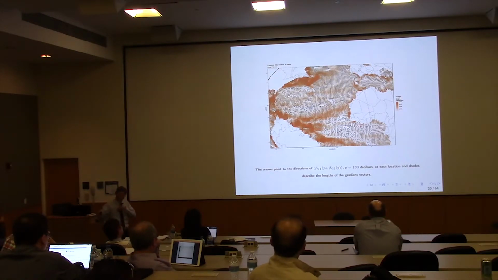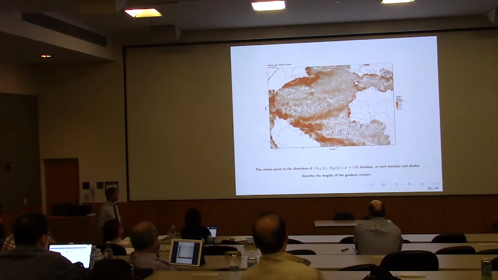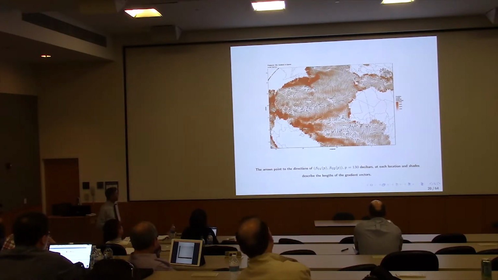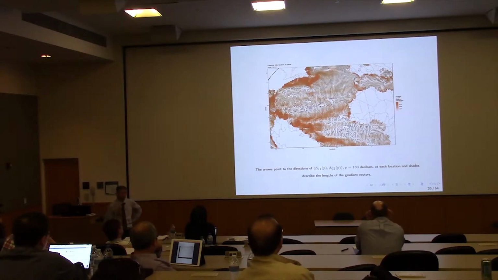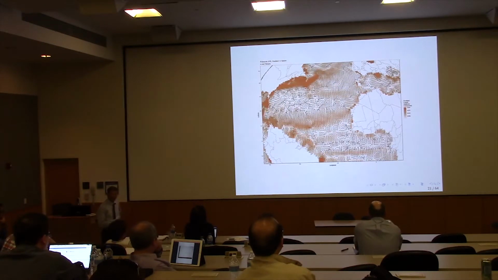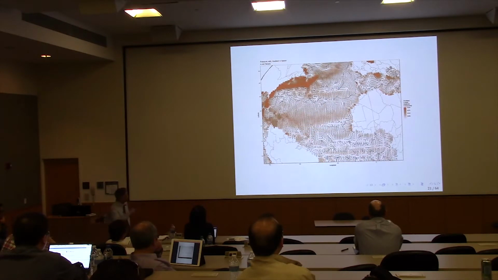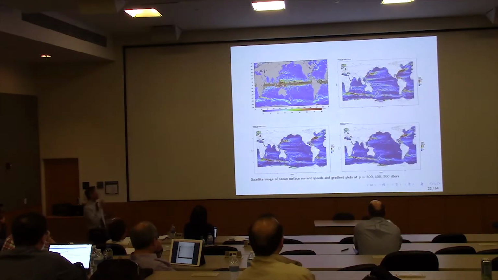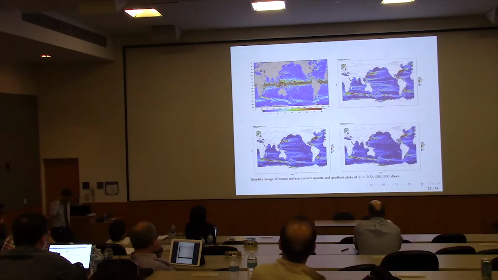These are directions of the gradient, so directions where temperature change is the fastest at every location. And the color here is a heat map of the magnitude of the gradient. Okay? Because I have such a picture for every pressure level, I can play a movie. So this is a movie of that as the depth changes.